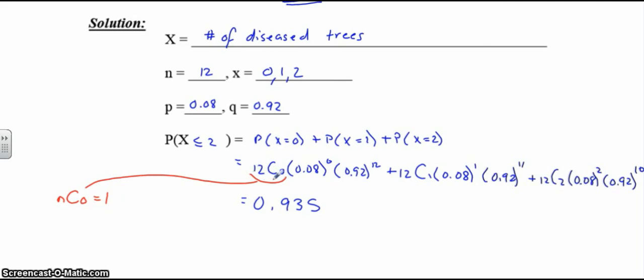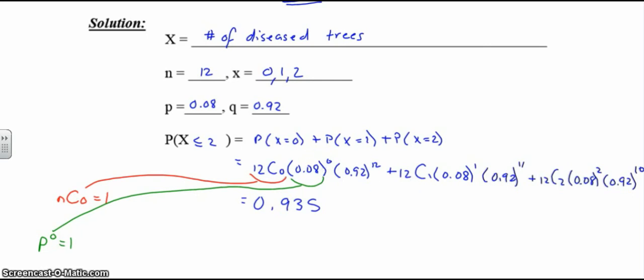So if you have any number C0, it's equal to 1, so you really don't have to do that. Anything with an exponent of 0 is also equal to 1. So you could skip this as well.